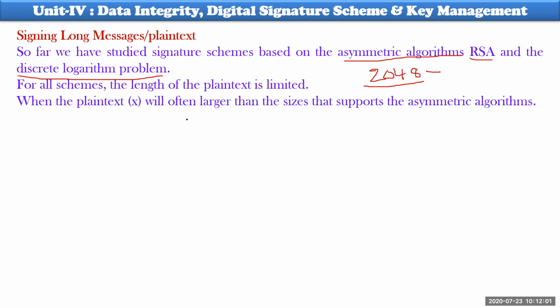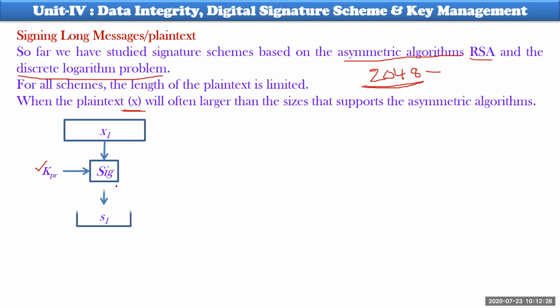And if a plain text has some X, how could this be operated? Look at this. X will be divided into blocks. Let me consider 2048 bits, and then it could be taken. A signature could be identified by using a private key or public key, whatever the mechanism might be, and you get one ciphertext, that is S1.